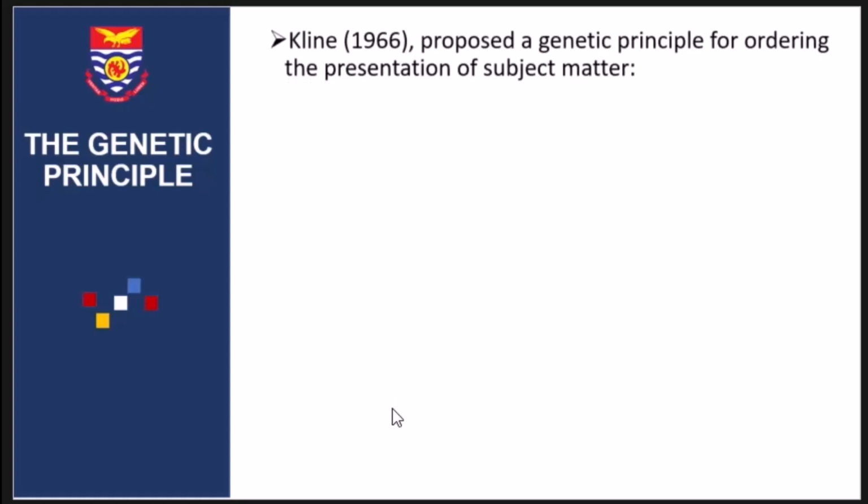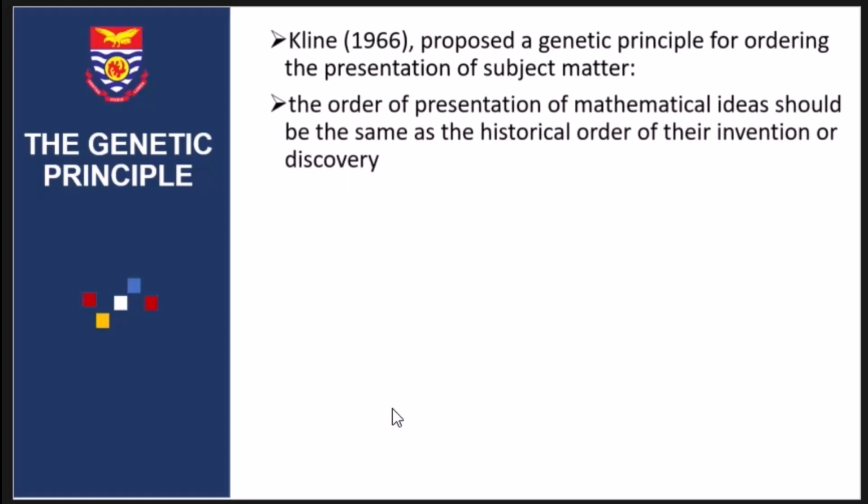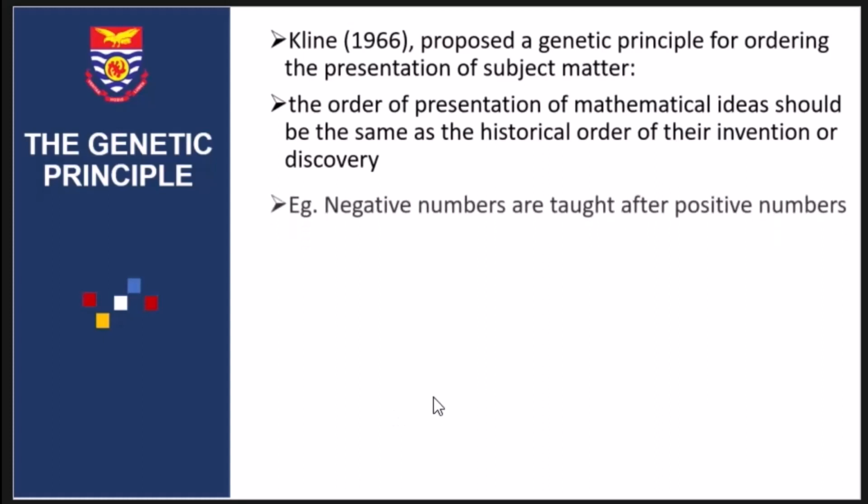Then we have the next factor that influences sequencing of subject matter, that is the genetic principle. What do you mean by that? Klein 1966 proposed a genetic principle for ordering the presentation of subject matter. And what he is basically saying is that the order of presentation of mathematical ideas should be the same as the historical order of their invention or discovery.